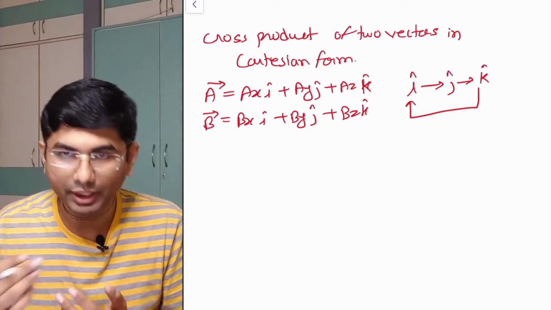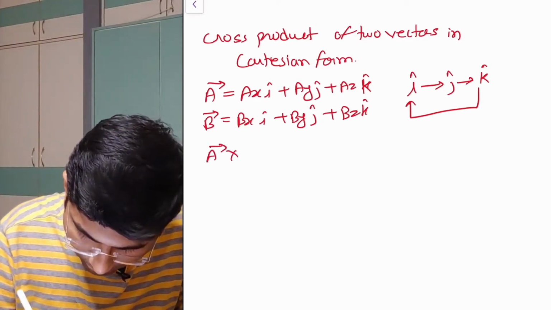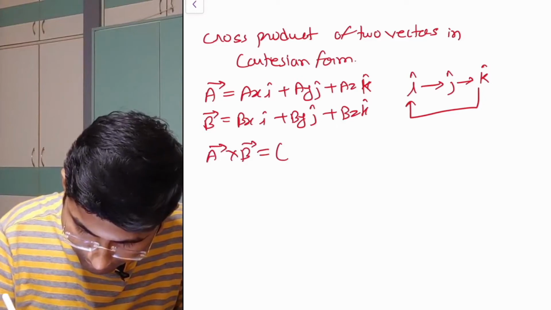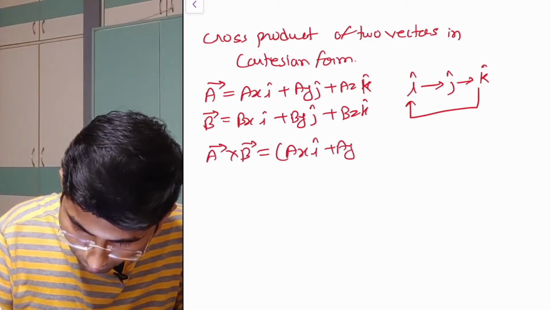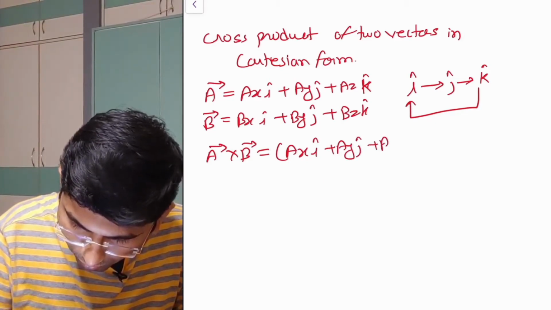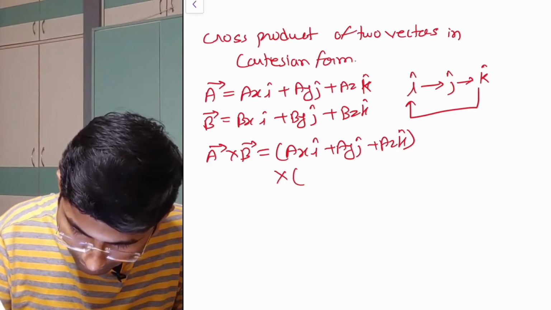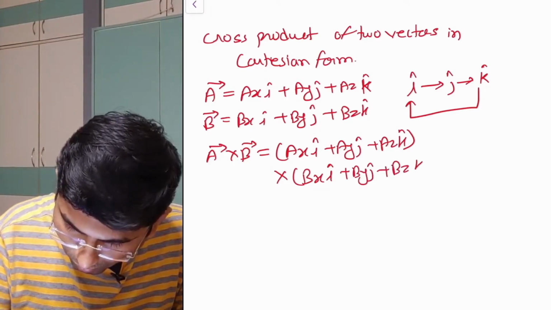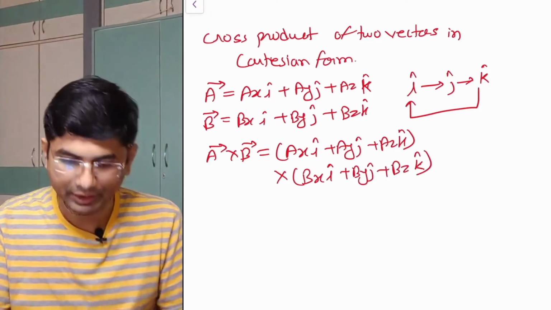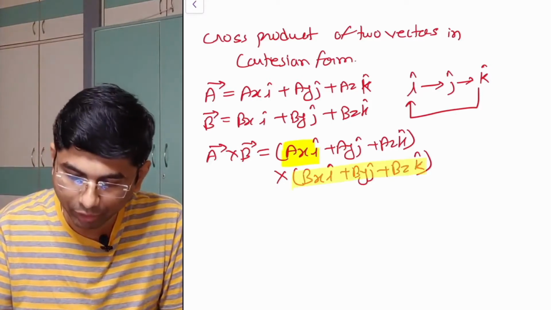Now here I'll just expand this. A cross b, a vector cross b vector can be written as, first a vector I have to write down, and the whole needs to be multiplied with the other vector, bz k. Now this first term will get multiplied with all these terms.